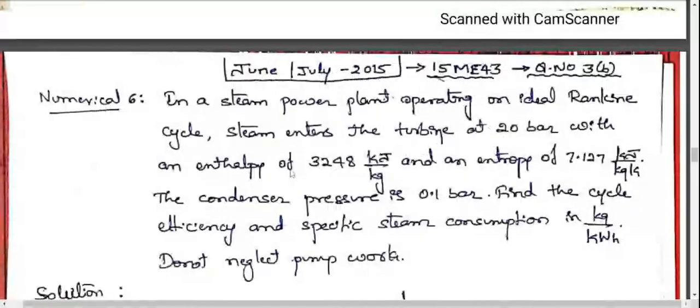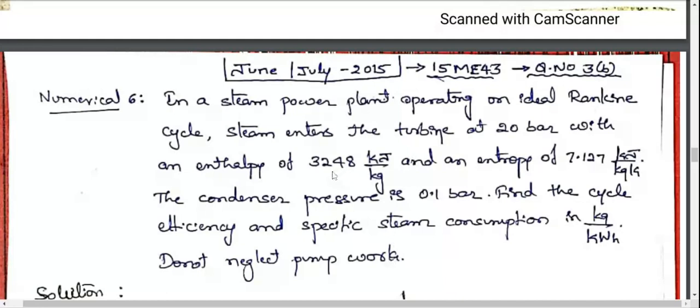And one more condition he has given: the enthalpy and entropy, both properties, at inlet to the turbine. But he has not mentioned specifically whether it is a superheated steam or a dry steam or a wet steam at inlet to the turbine.